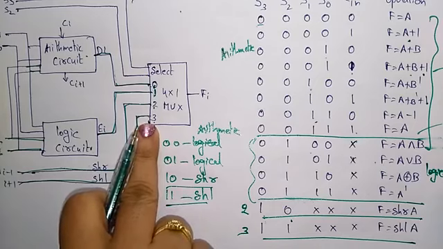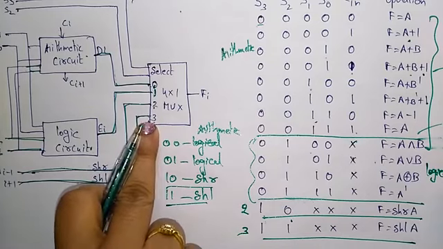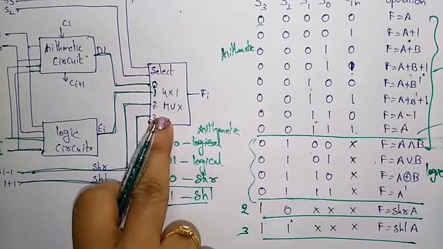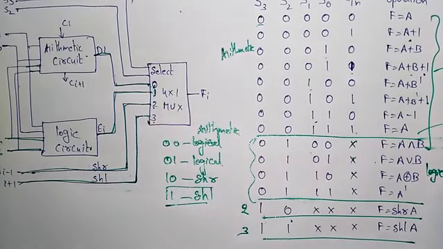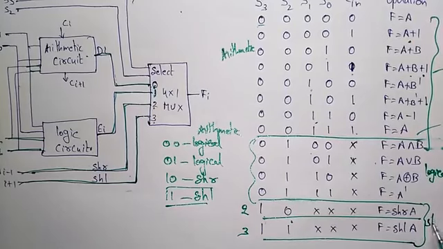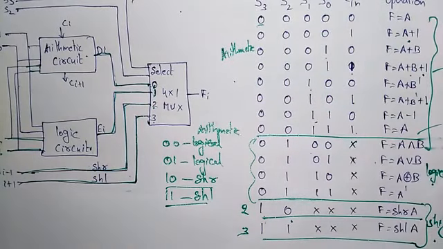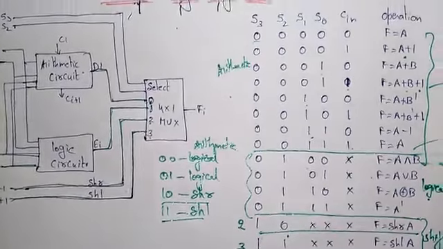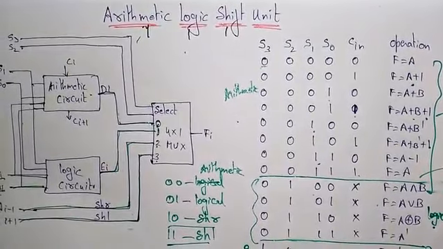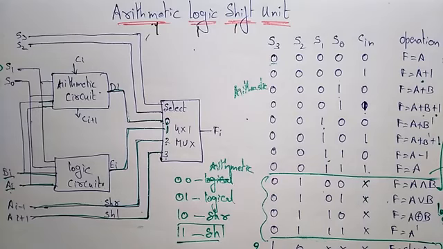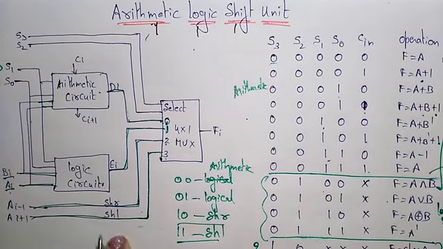So the multiplexer input is 3 and it performs the shift left operation and the output will be stored: F is equal to shift left A. So these both perform the shift operations, and the other functions do the logical and arithmetic operations. All these arithmetic, logic, shift operations are done in one combinational circuit that you call the arithmetic logic shift unit. Thank you.